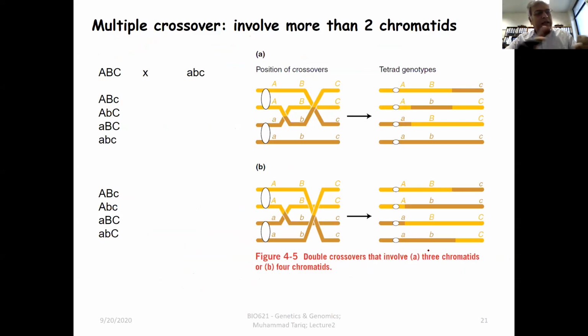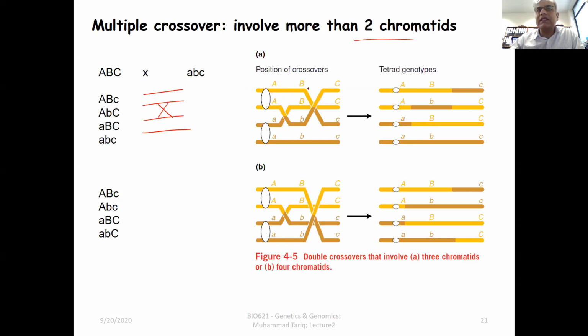This was a simple thing, but remember, crossover can be at multiple positions. There can be multiple crossovers. More than two chromatids can be involved. So far, what we have seen is only two chromatids cross. This one remains as parental. But this can also be a case. Look, these are 4 chromatids, and these 2 chromatids are crossing over, but then this one is going through this.